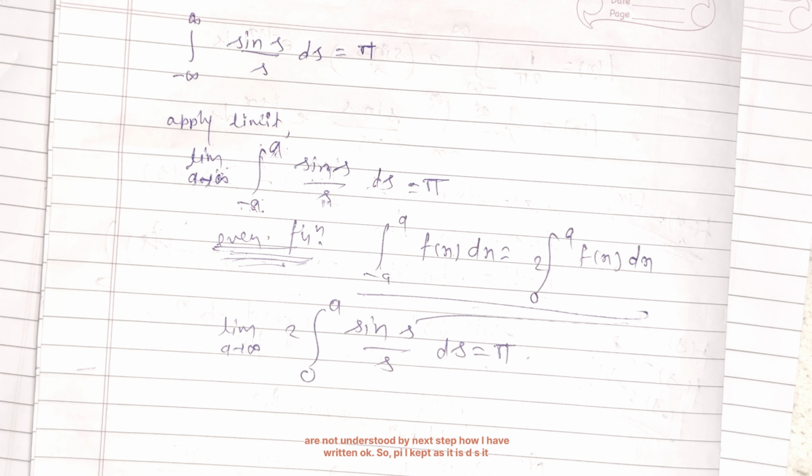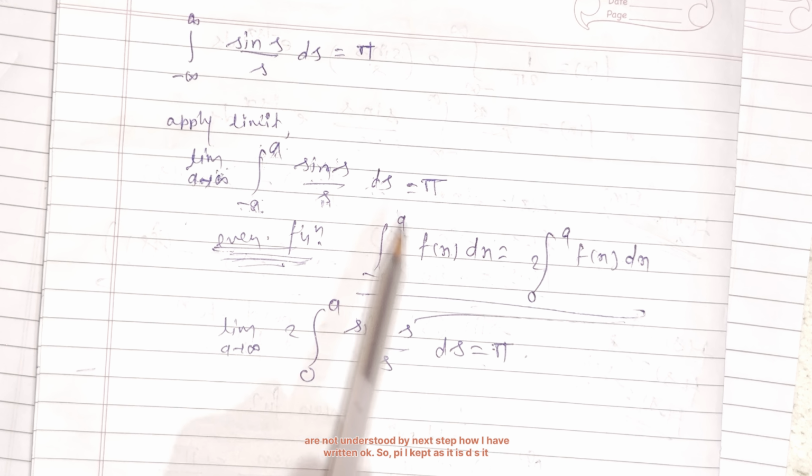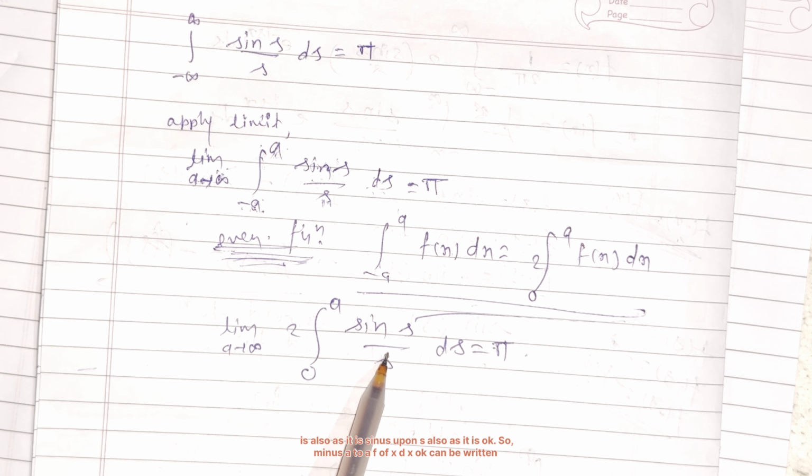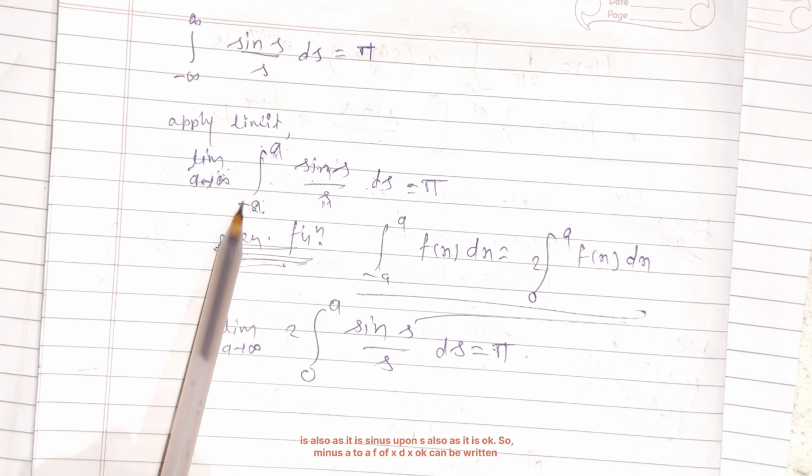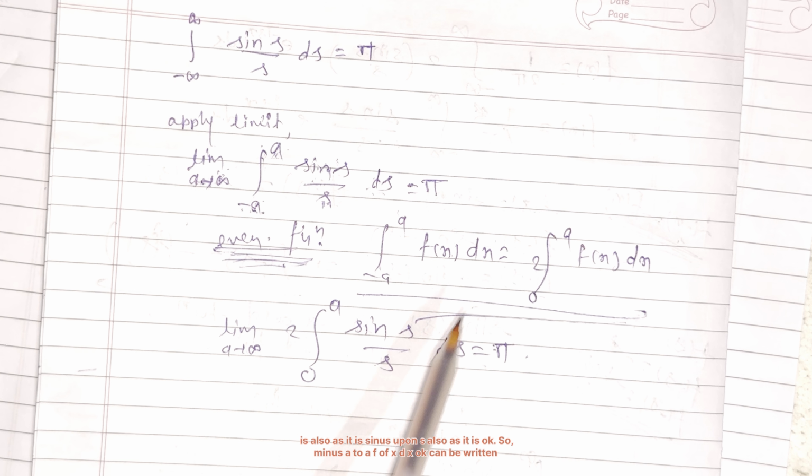I hope you all have understood my next step. Pi, ds and sin s upon s are kept as they are, so the integral from minus a to a of f of x dx can be written as 2 times the integral from 0 to a of f of x dx.